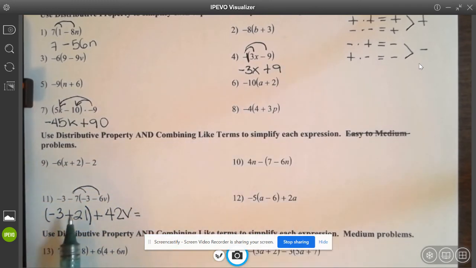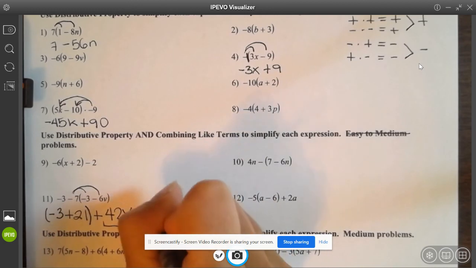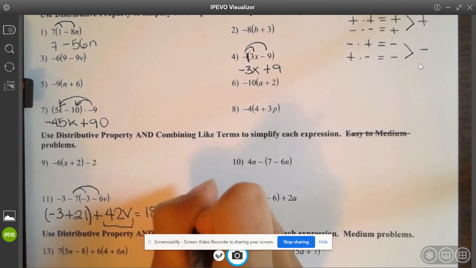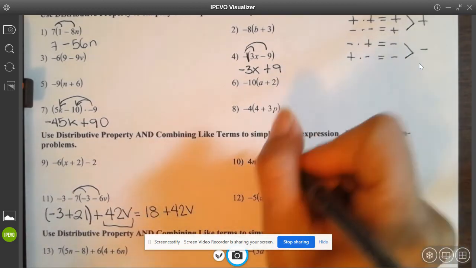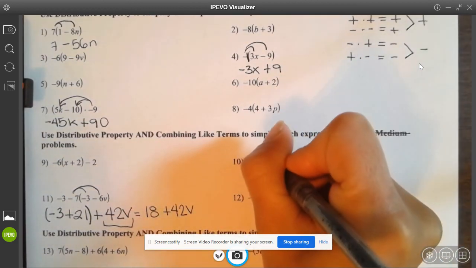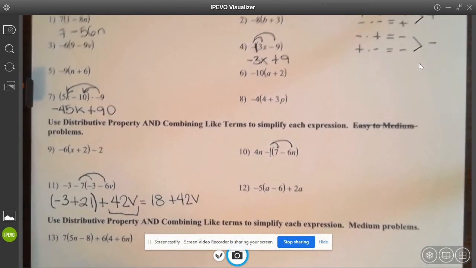So then -3 plus 21, that is +18. And then you are left with this thing plus 42v. And you can't really do anything else because one has a v, the other one doesn't. In here, remember, this is a 1 here. So you're multiplying a -1 first and then combining that for n.